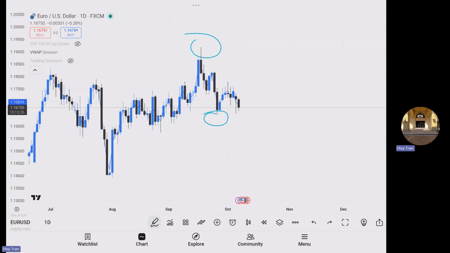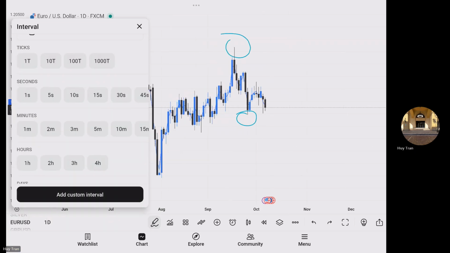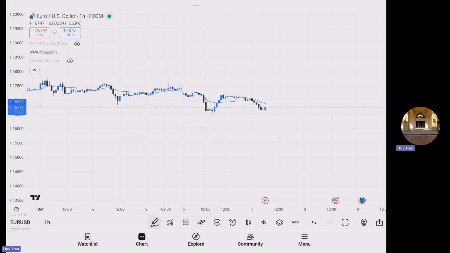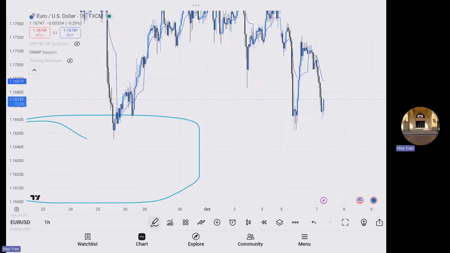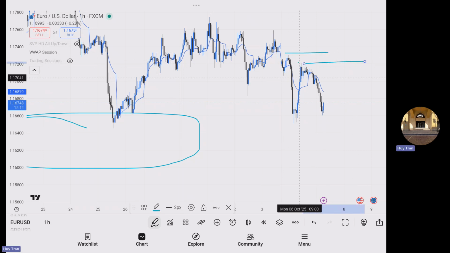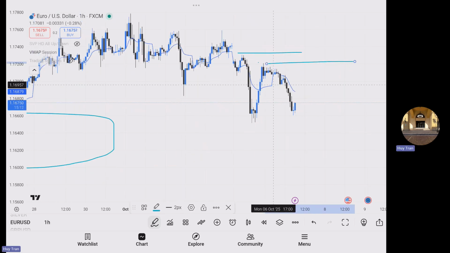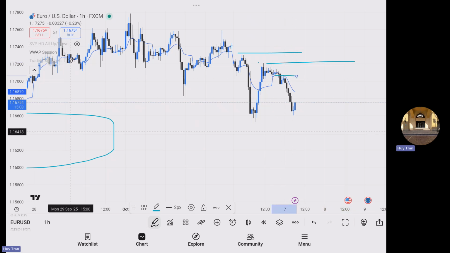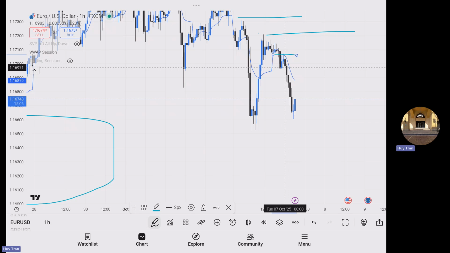So even if we were able to catch such a good move up, look at this: it failed to create higher highs. After this pullback, I would have a good indication that price probably exhausted the setup, and the biggest move is going to be to the downside.